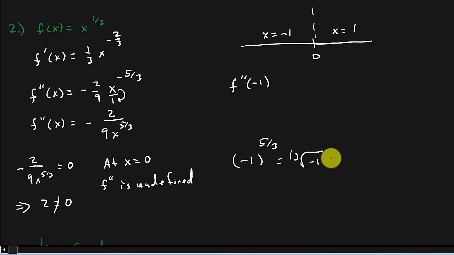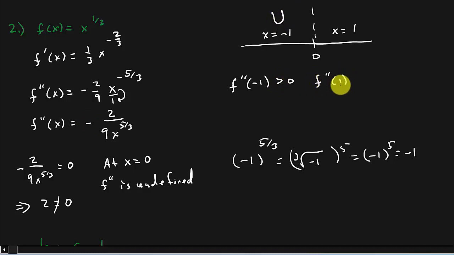It's the cube root of -1 to the 5th, which is the cube root of -1 is -1 raised to the 5th power is -1. So that's 2 over -9 is -2/9, and then the negative out here is going to make it positive, and so that's concave up.